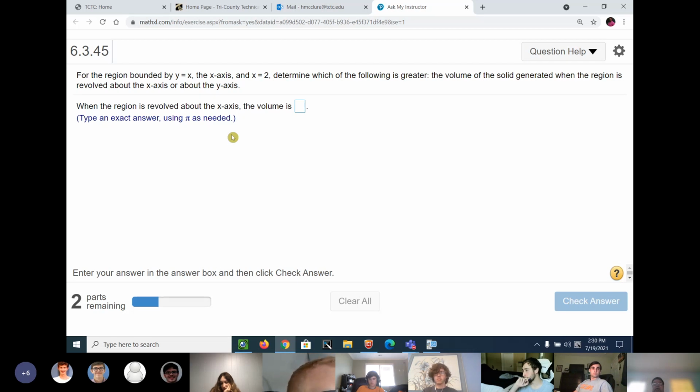Find the volume around the x-axis and find the volume around the y-axis. One of them's going to be more detailed than the other. So I'm going to draw a picture. Y is equal to x is a 45-degree angle. So I'll color that orange.